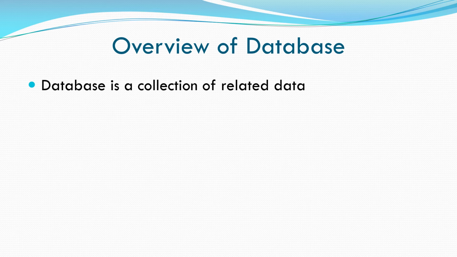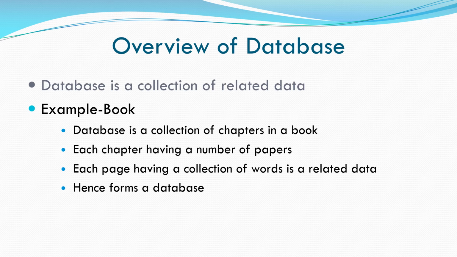As there are some limitations in the file system, we are going to discuss an overview of database. A database is a collection of related data, that is, all known facts that can be recorded and have an implicit meaning. For example, a book. When you consider a book, there are many chapters in it. A database is like a collection of chapters in a book.